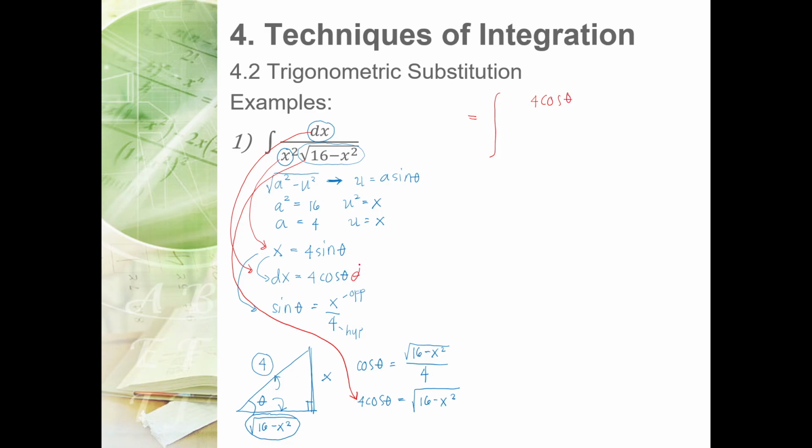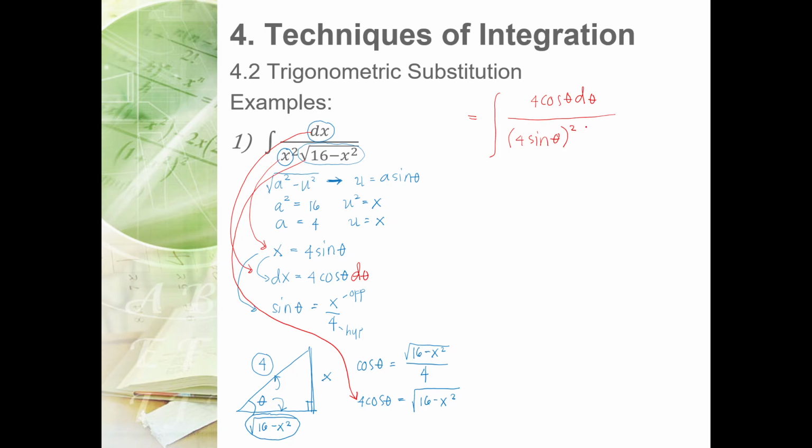4 cosine theta d theta, then divided by the x parameter, which is sine squared theta. Okay, it would be wrong if we directly eliminate the square, so I'll keep it to emphasize the distribution of the square later on, to the 4 and to the sine theta.